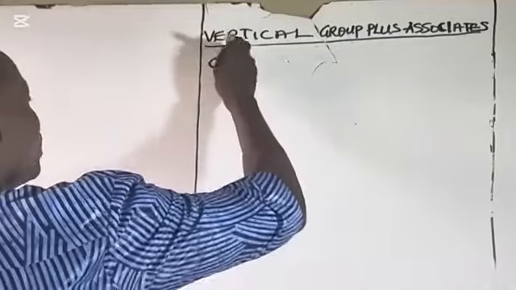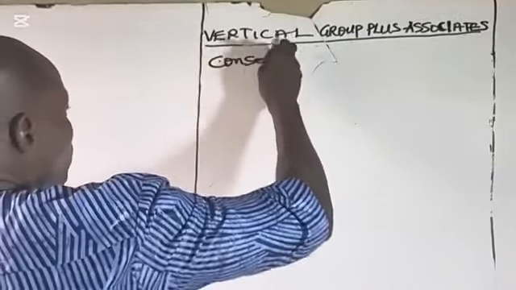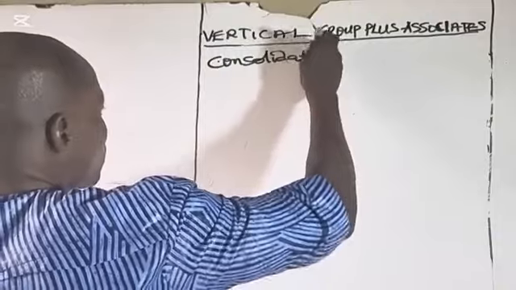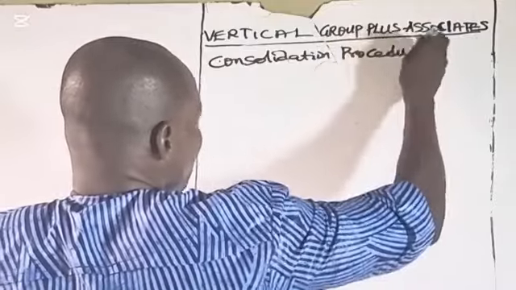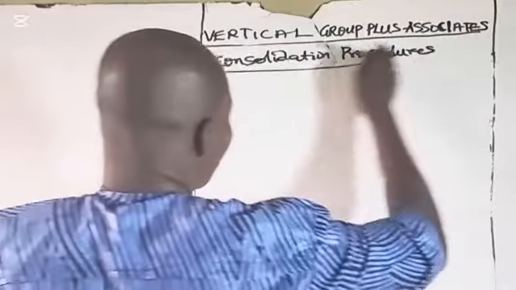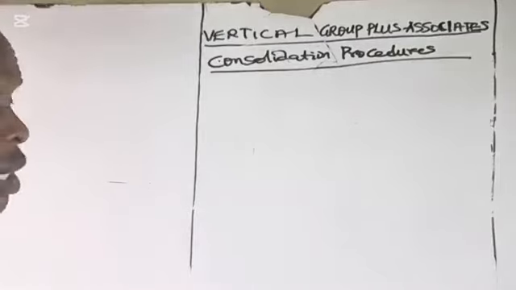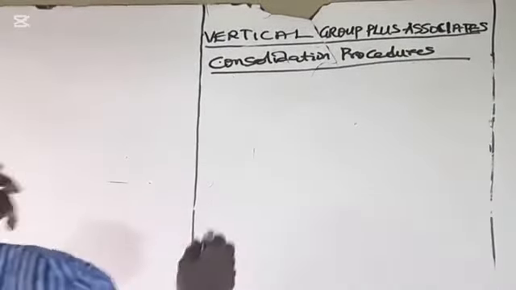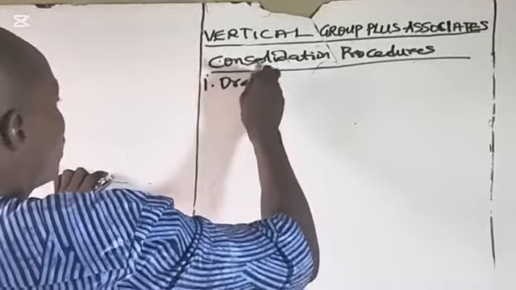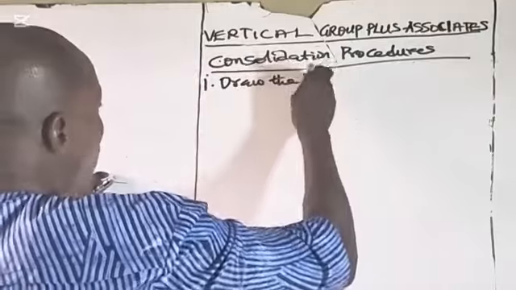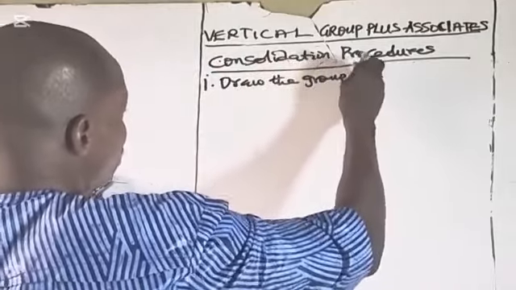Now, consolidation procedure. That is the procedure for consolidating the sub-subsidiaries. Step number 1 is to draw the group structure.